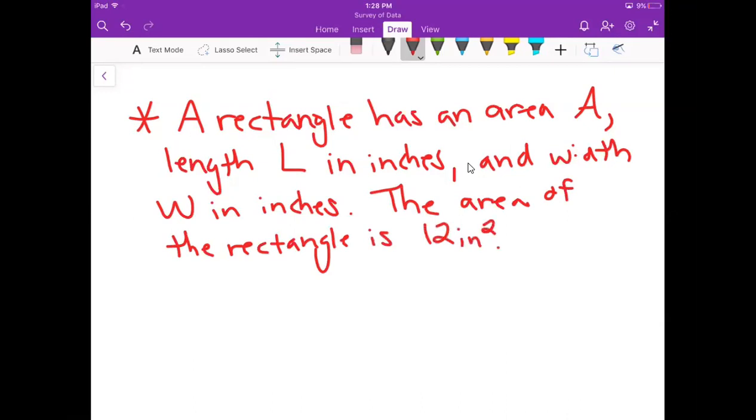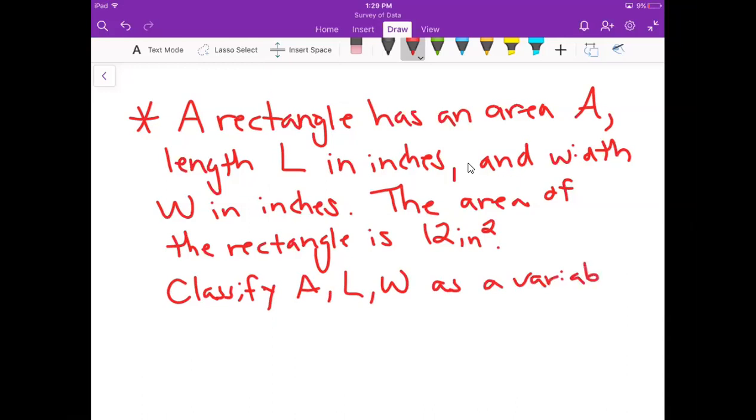Okay, so this is all the information we're given. So with this information, can you classify whether A, L, and W are a variable or a constant? So determine whether each of those symbols are variables or constants.